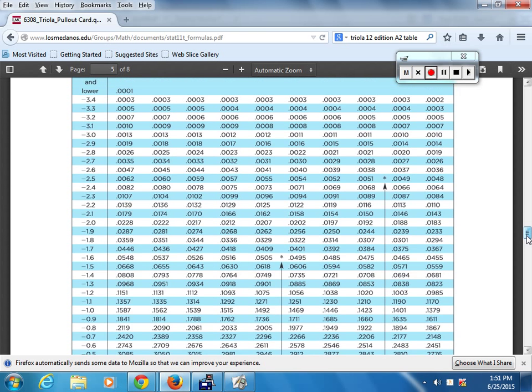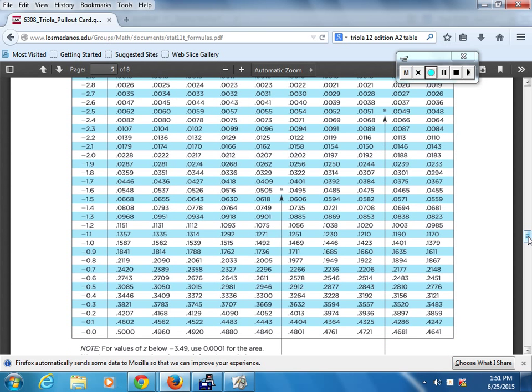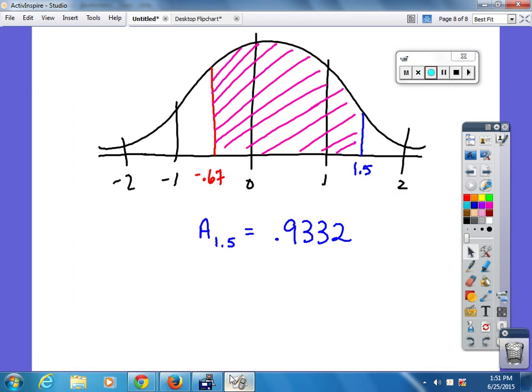Negative 0.67 is going to be 60 cents plus 7 pennies. 6, 0, 1, 2, 3, 4, 5, 6, 7. 0.2514. Then 0.9332 minus 0.2514: 13 minus 5 is 8, 8 minus 2 is 6.